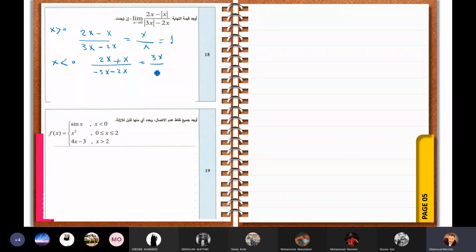Negative 3x minus 2x is negative 5x. You can delete x now, so it is negative 3 over 5. From the right, it's 1. From the left, negative 3 over 5. So the limit when x approaches 0 for the function we have doesn't exist.